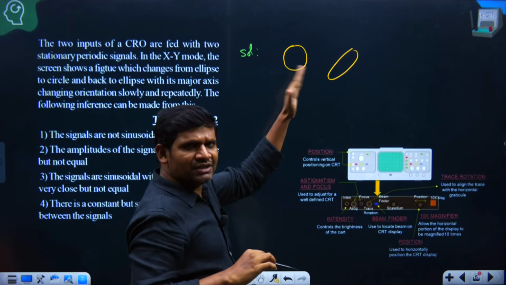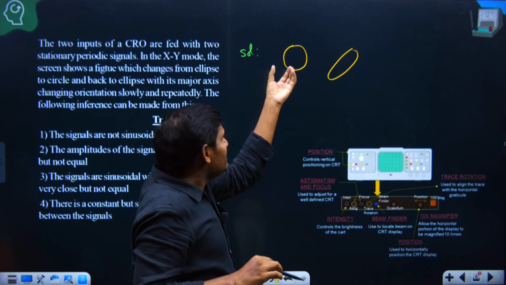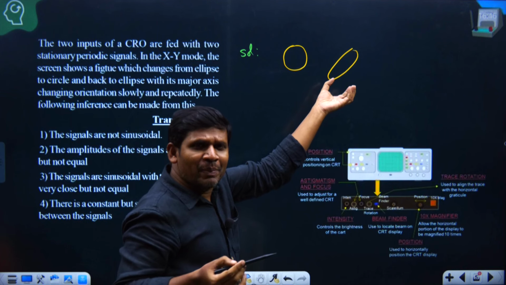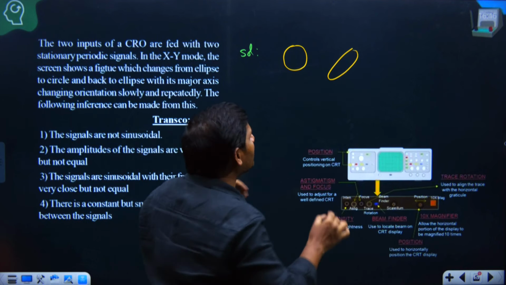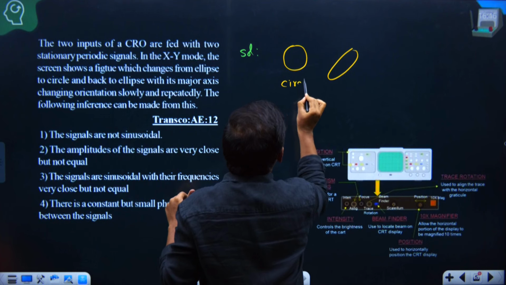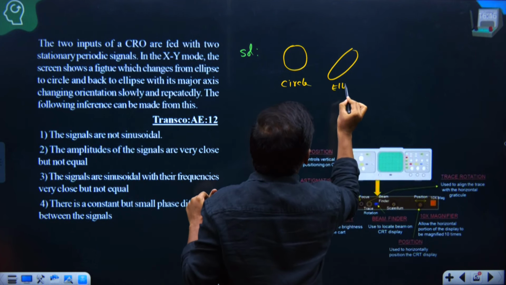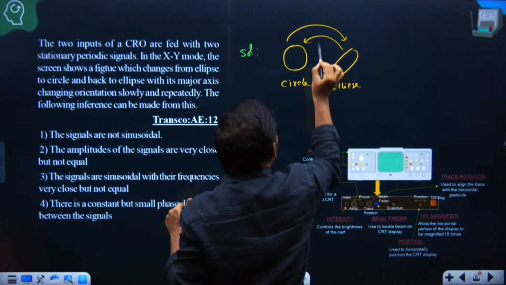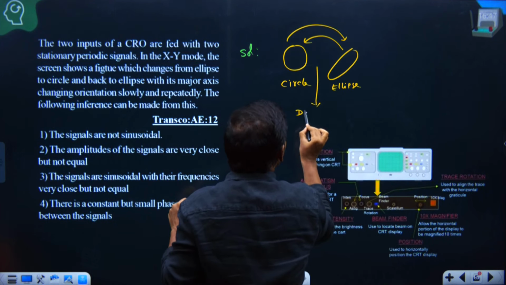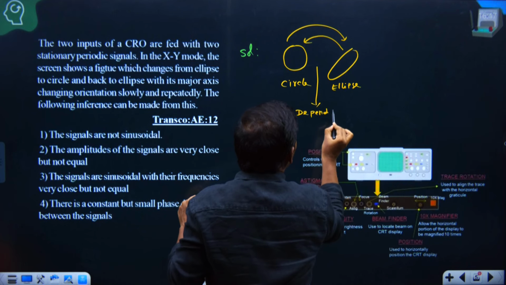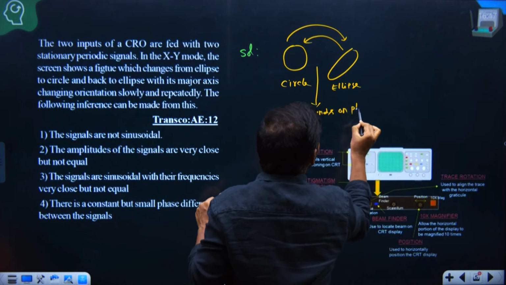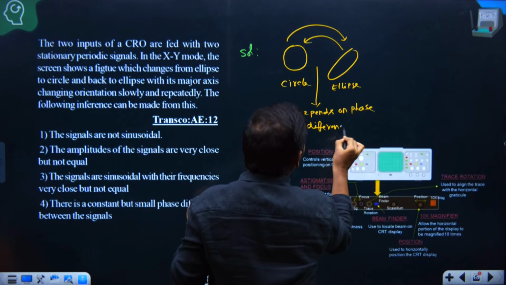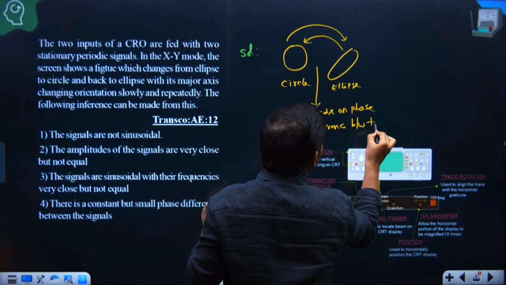We know that whether the pattern is a circle or an ellipse depends on the phase difference between the two input signals. This is the circle and this is the ellipse. This changing depends on the phase difference between the two input signals.